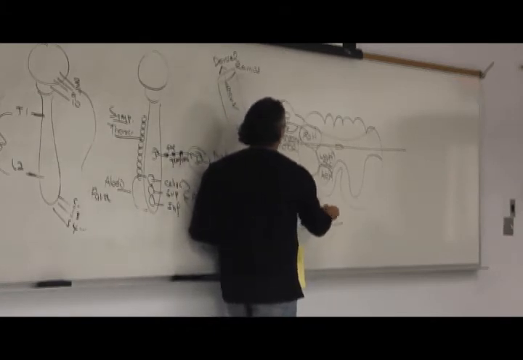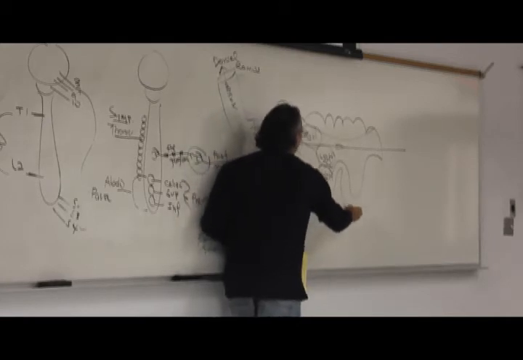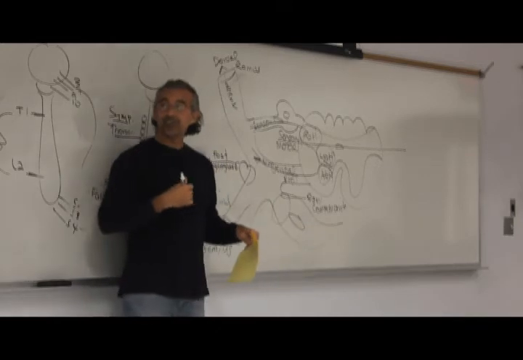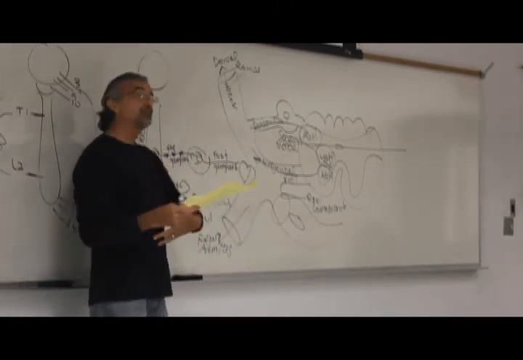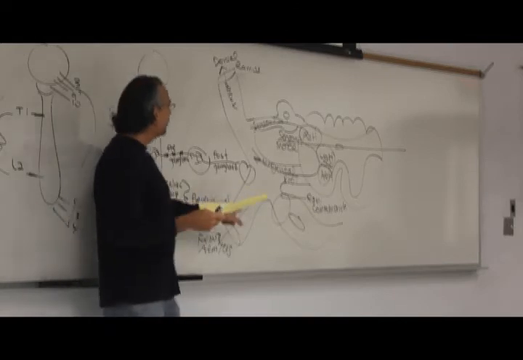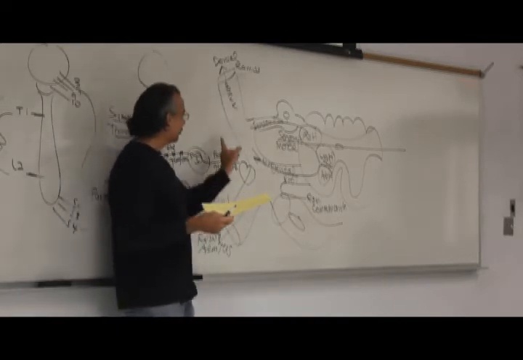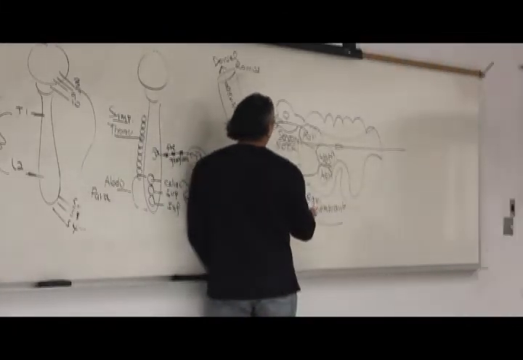Where am I heading if I come through here? Visceral. Yeah, all of my internal organs. The stuff like heart, lung, spleen, liver, gallbladder, all that internal visceral stuff. There's a few questions about this to make sure you know. And again, here's my white side, my white rami. Here's my gray side over here.